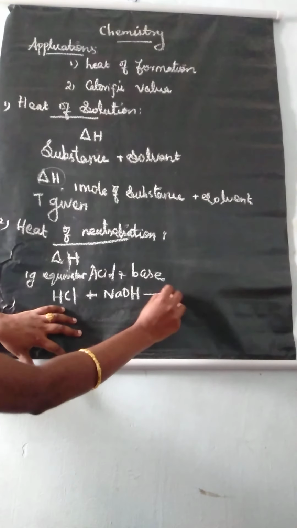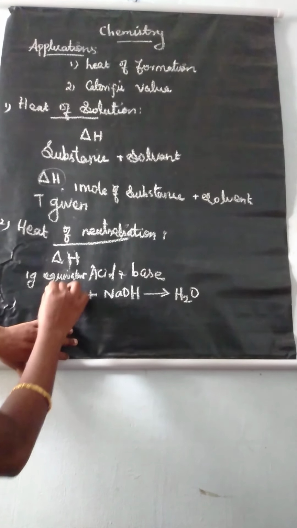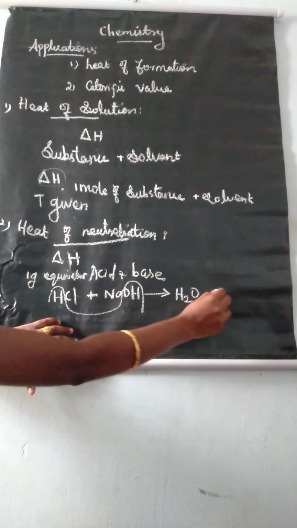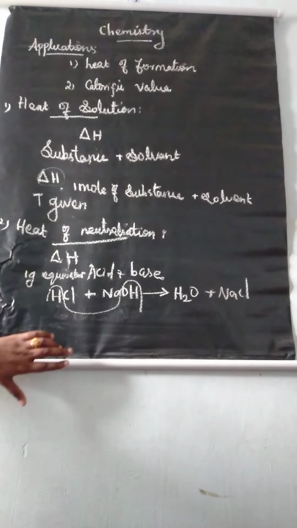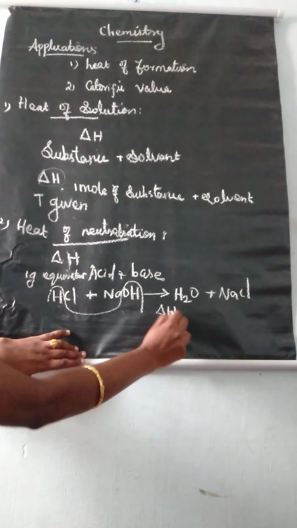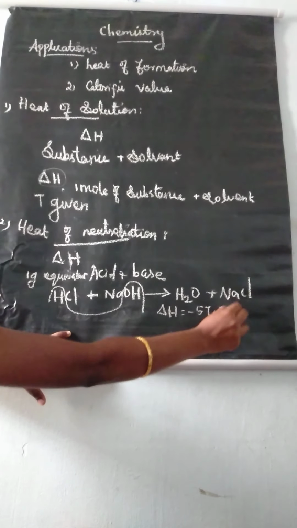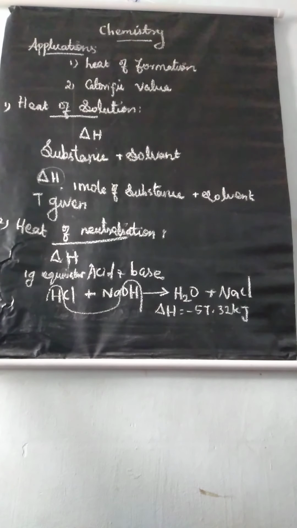These two completely neutralize to form the products H2O, from this hydrogen and this OH, and the salt NaCl, sodium chloride. In this reaction, the change in enthalpy, delta H, is minus 57.32 kilojoule.